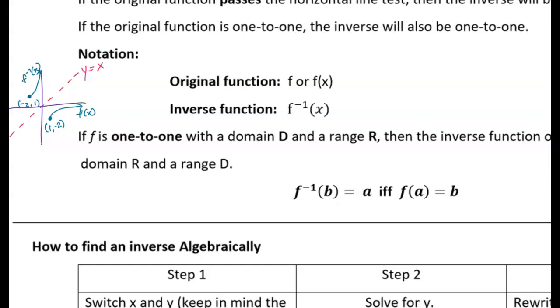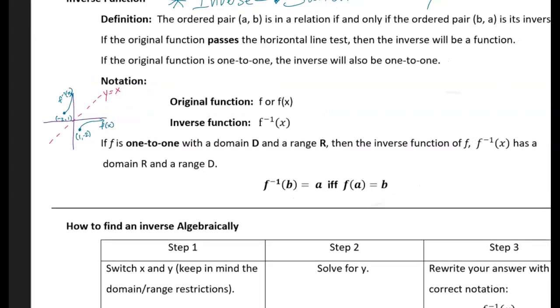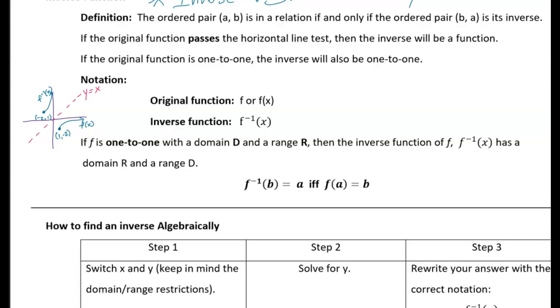Also, it says right here, the inverse function has a domain R and a range D, where the original function had a domain of D and a range of R. What does this mean?